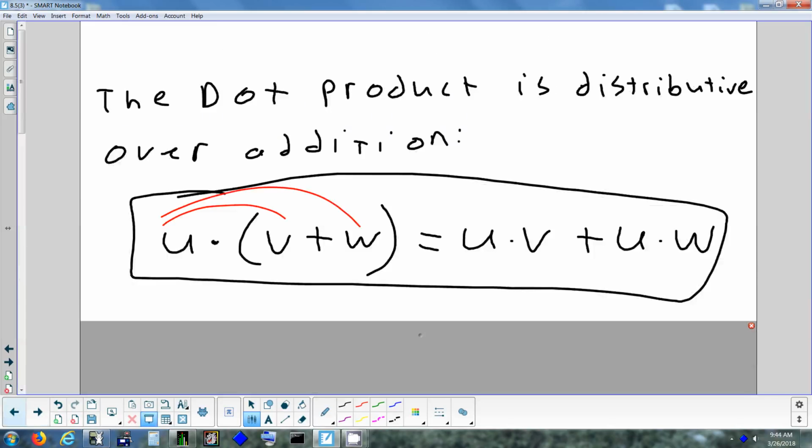So u dotted with v plus w is the same as u dot v plus u dot w. Any questions on that idea?